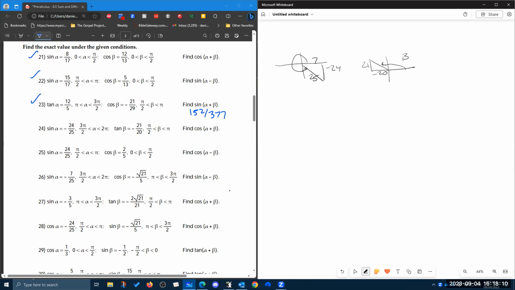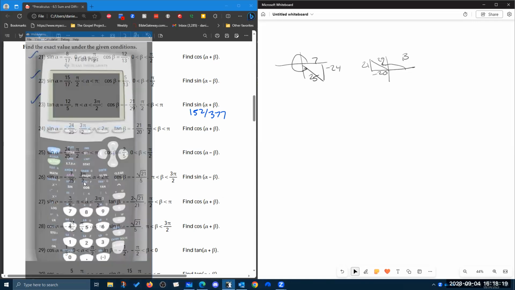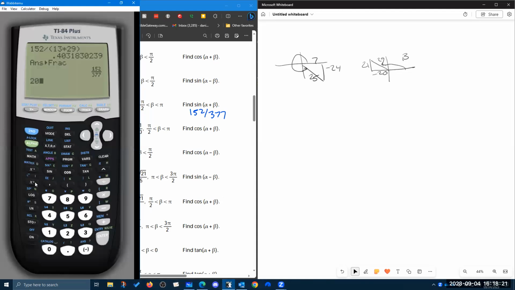This is the one that we just figured out, that was 29. But let's prove that: 20 squared plus 21 squared, and square root that.